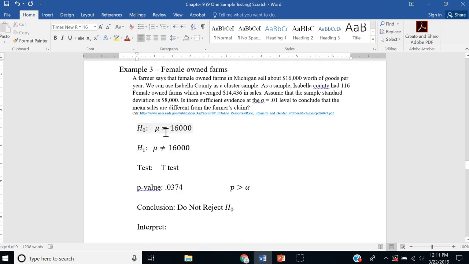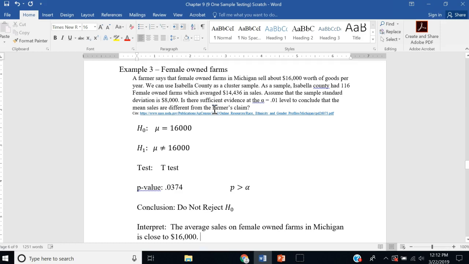Here we're going to say, well, the average sales on female-owned farms in Michigan is, I don't want to say equal to. That's the whole trick of this do not reject scenario. We're going to say is close to $16,000.